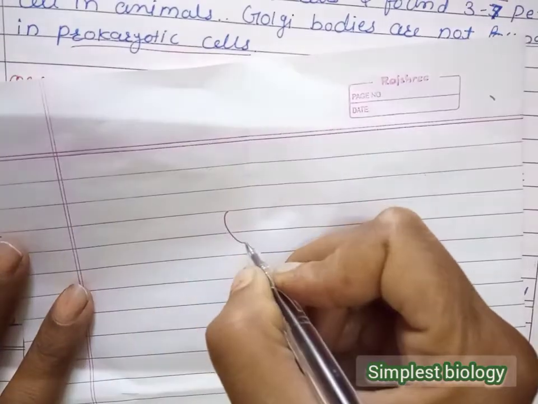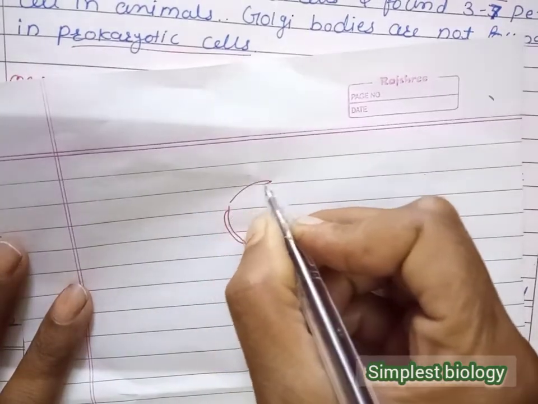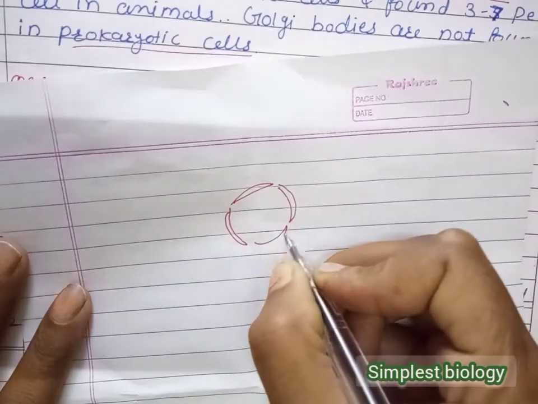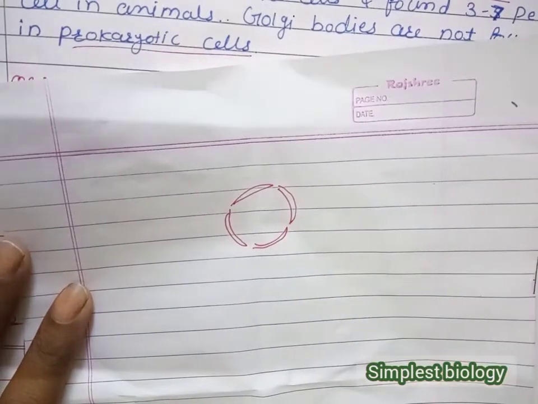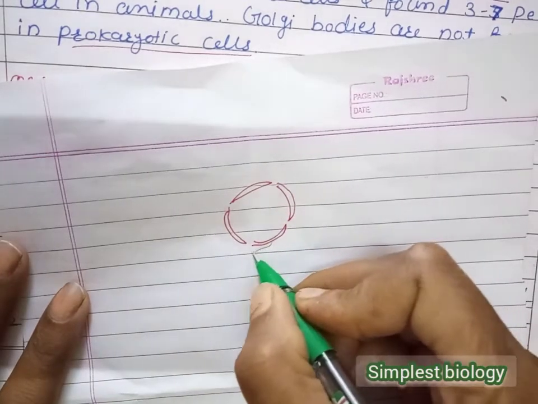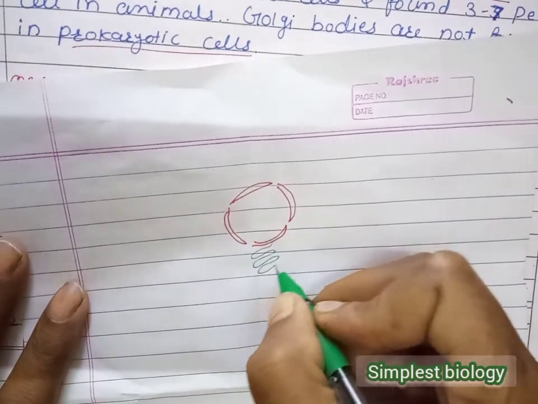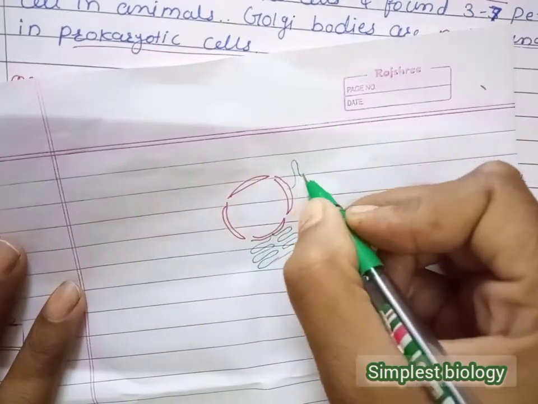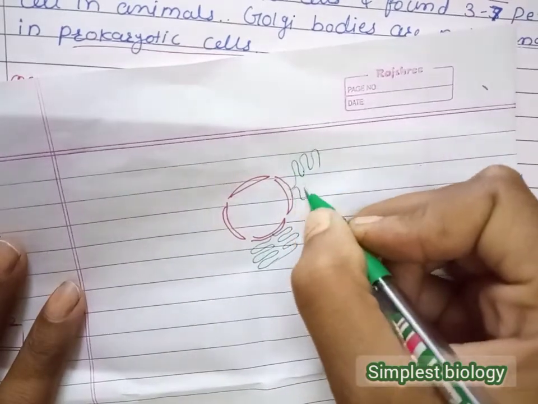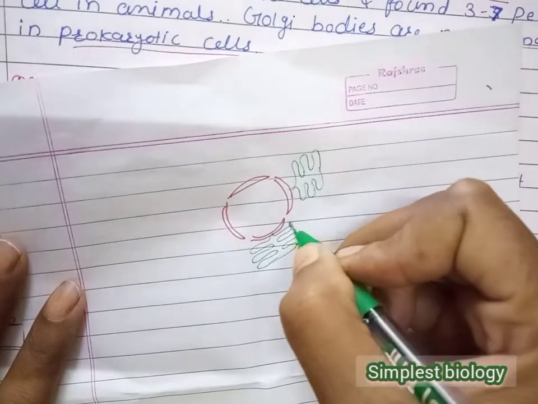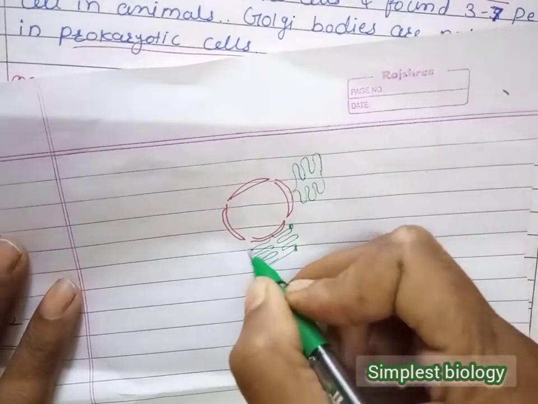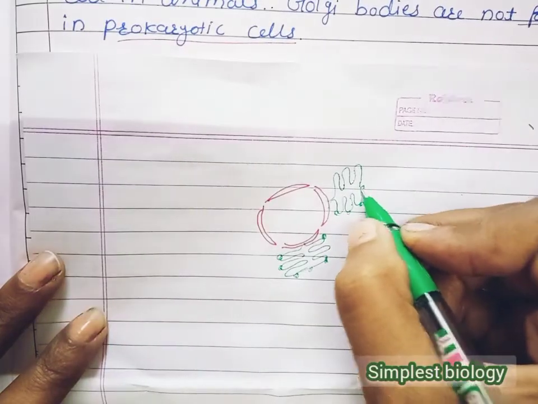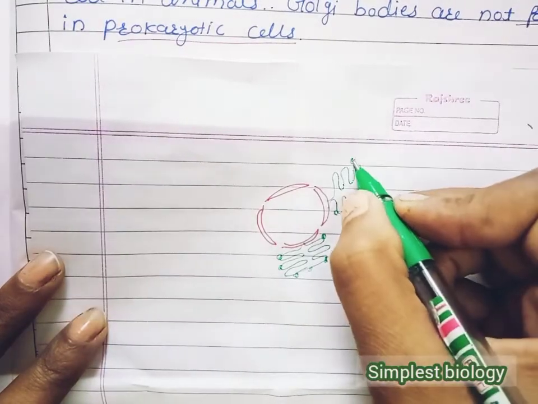That is the nuclear membrane of the cell, and near the nuclear membrane the endoplasmic reticulum is attached to the membrane. It is located in this way, with the rough endoplasmic reticulum near the nuclear membrane. We already talked about rough endoplasmic reticulum in the last video.